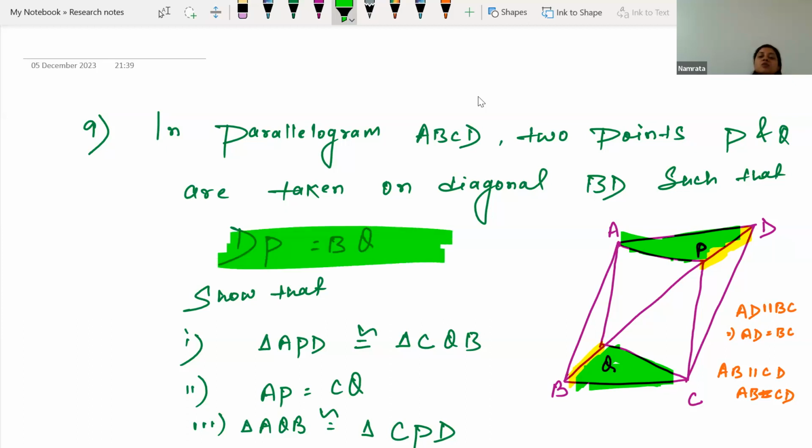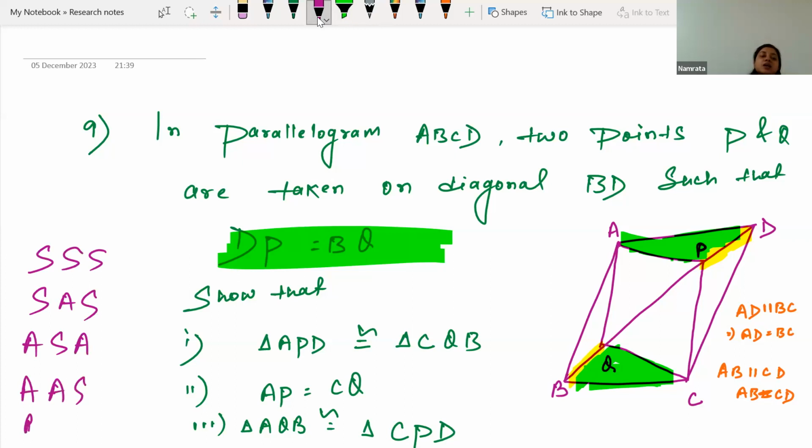So two pieces of information we got. Now to prove these two triangles congruent, we need at least three pieces of information. We know the congruency criteria: side side side congruency, side angle side congruency, angle side angle congruency, and RHS congruency.